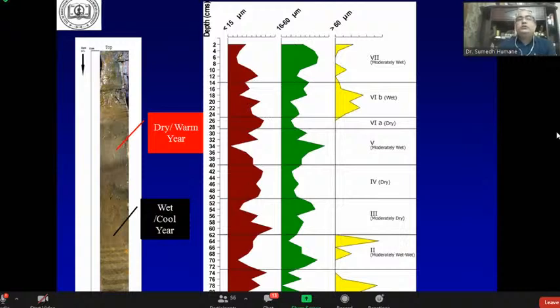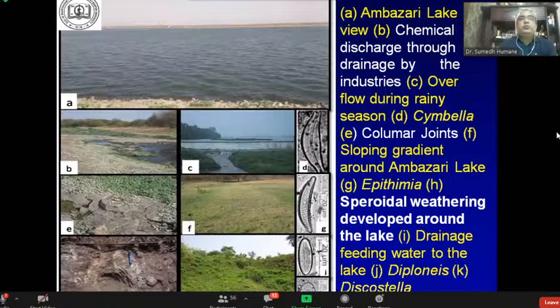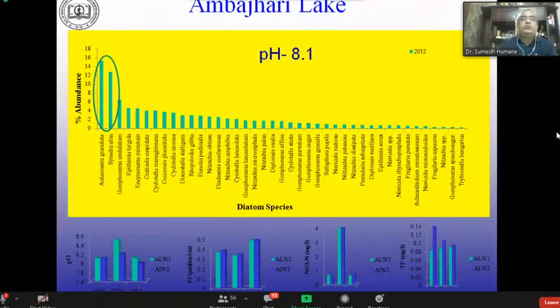Likewise, we studied several lakes from central India. I told you that we should correlate the diatoms from the topmost sediment core with the water quality parameters. For example, for Aulacoseira granulata, you have a pH of 8.1 to 8.5 or so.